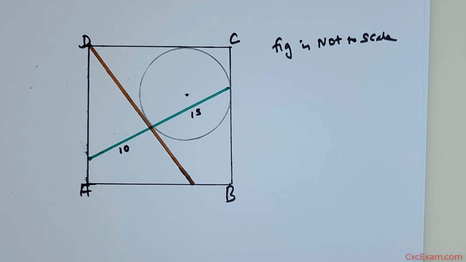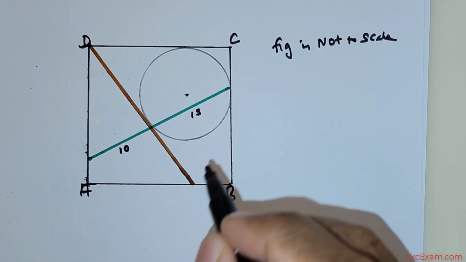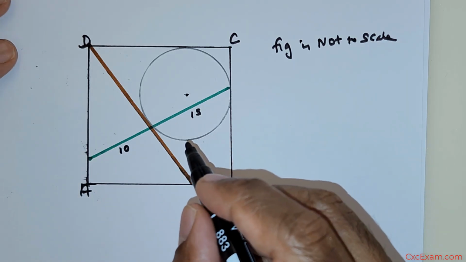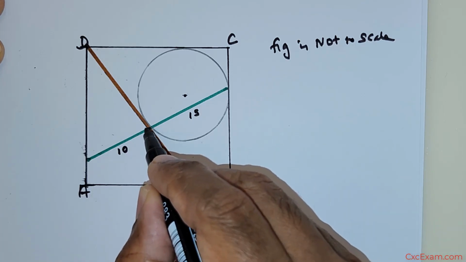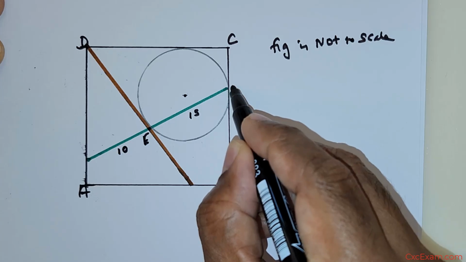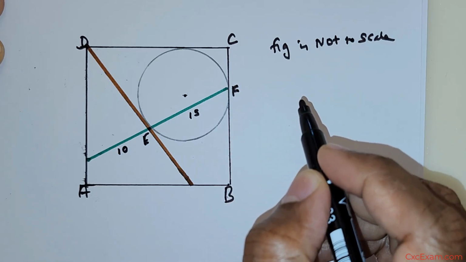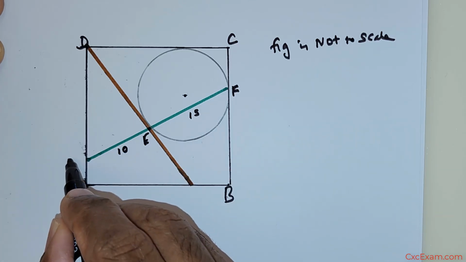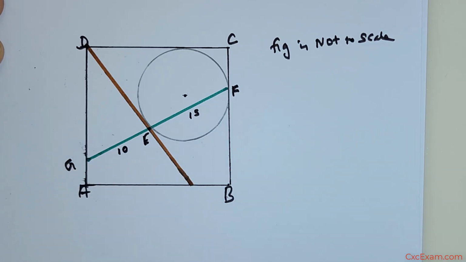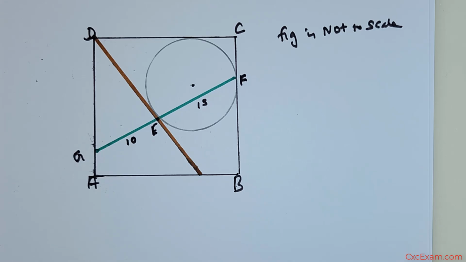Okay, I hope you all have got the answer. So let's see what the answer is. Now foremost, what we have to do is, we see that there is a point of tangency at E and at F. Okay, and I'm going to take this hit as some G. So what I would be doing is, I would like to extend this line.